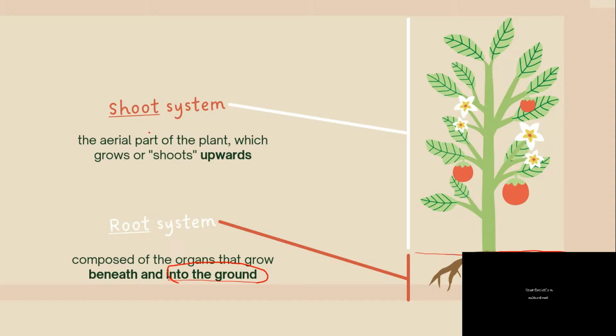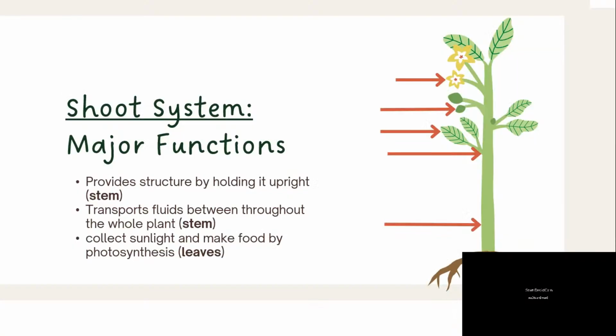Now, next we talk about the shoot system. This we said is the visible part, okay? We also call it aerial because it is reaching the further parts of the plant. The shoot grows out of the ground and forms the bulk of the plant, right?